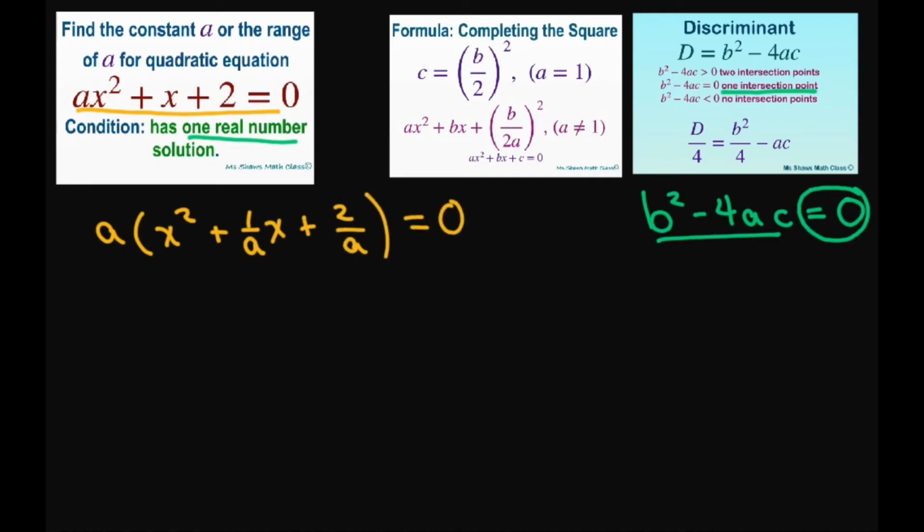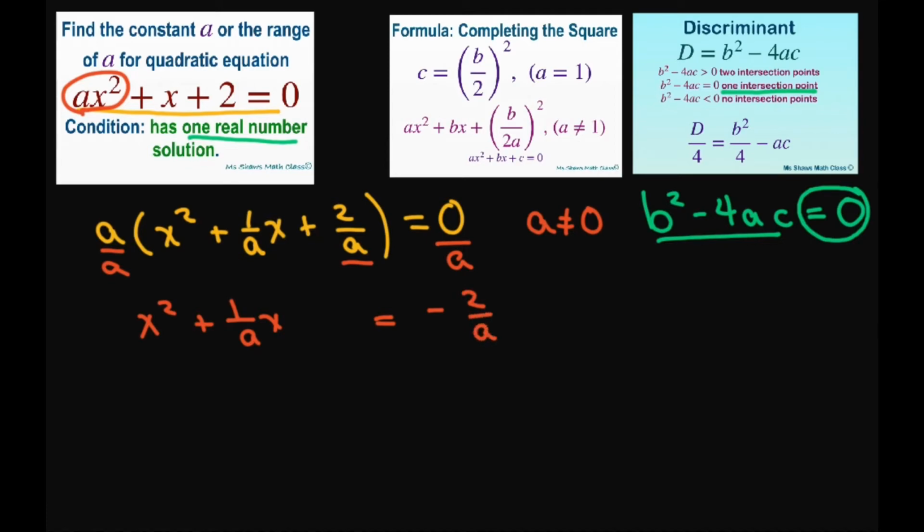Now, since my a can't equal 0, because if a was 0 we wouldn't have this term, I can divide both sides of the equation by a. That's going to give me x squared plus 1 divided by a x, and I'm going to move my constant over here and write this as minus 2a.